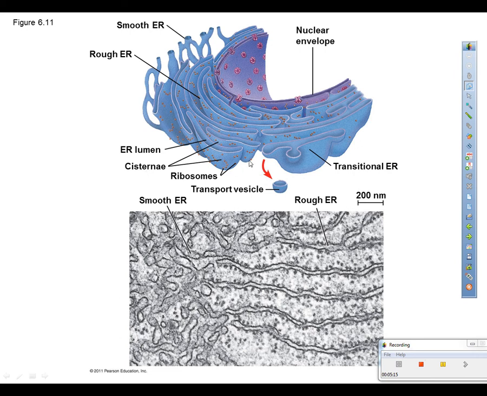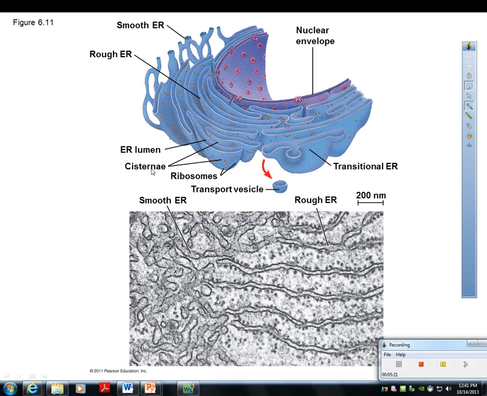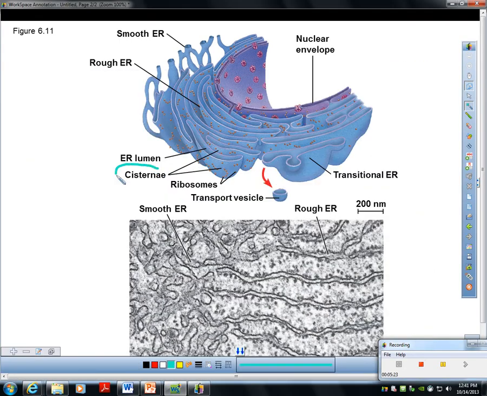They call some of these folds cisternae, which is a great word because cisternae is actually also the folds in the mitochondria. And here is one of those vesicles. As it buds off, things are being made in here, and we'll talk about that in a second. Here's a great picture, rough ER versus smooth ER versus rough ER.